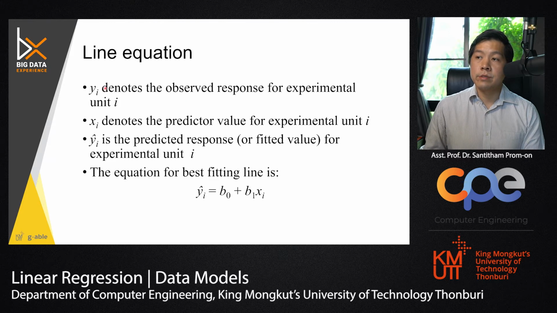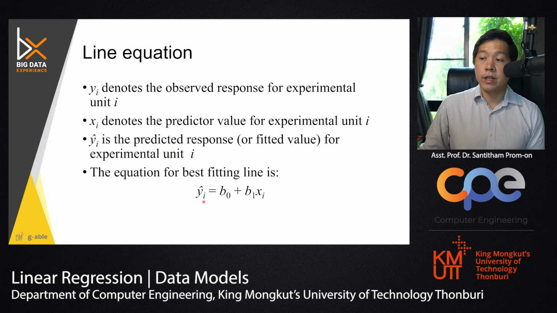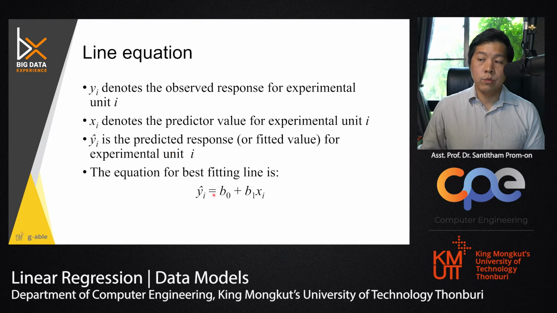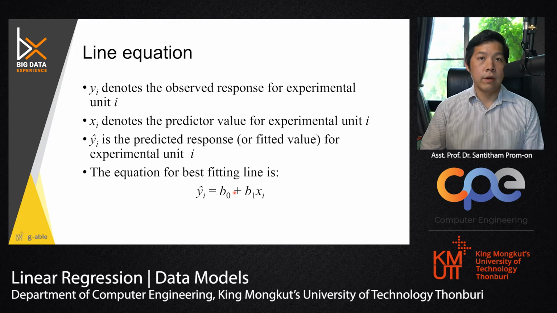Y denotes the observed response or the output. X denotes the predictors, the values that act as input, and y hat here denotes the predicted response. We want to create an equation of the predicted response which equals b0 plus b1 xi, right? So there are two parameters here, b0 and b1.